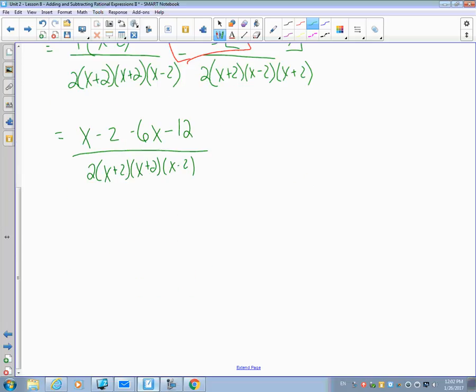Let's collect up the like terms. So negative 5x minus 14 over 2, x plus 2, x plus 2, x minus 2, and x cannot be negative 2 or 2. And lots of parts and pieces involved in that one.